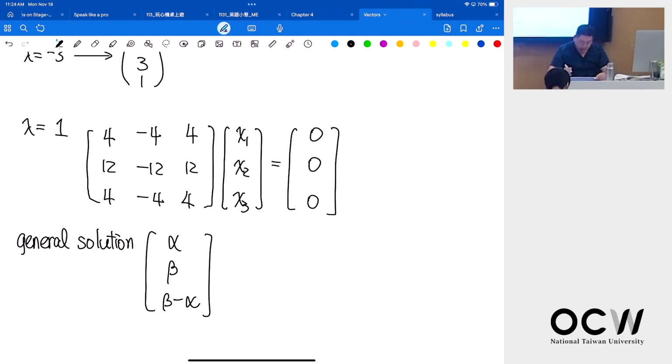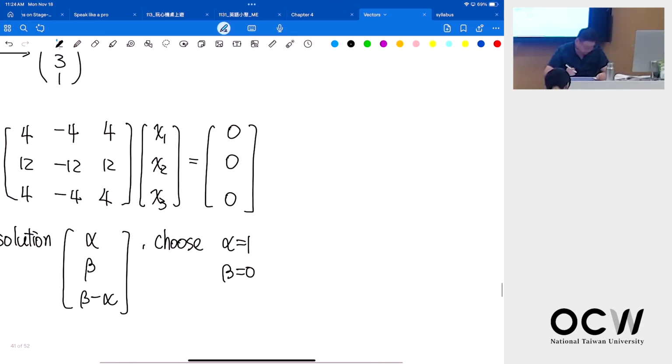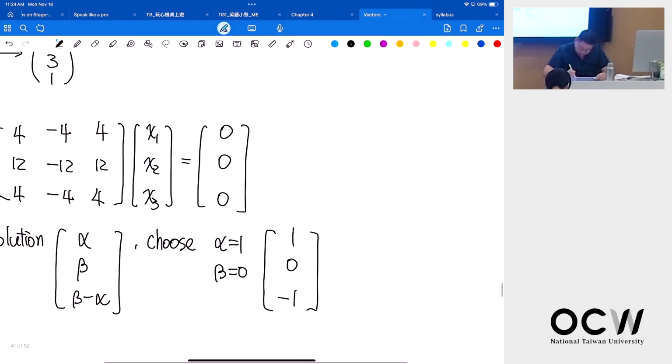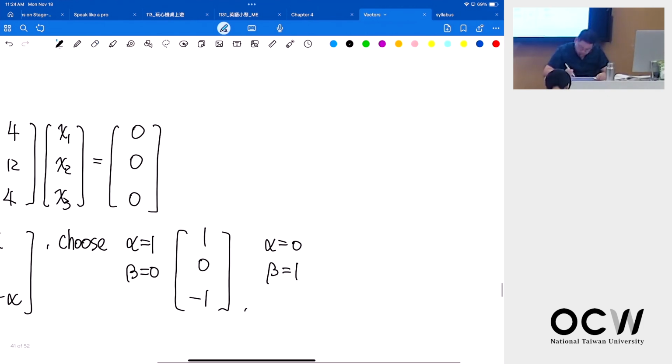Then we can choose, say, alpha equals 1, beta equals 0. In this case, we have 1, 0, minus 1. We can also choose alpha equals 0, beta equals 1. Then we have 0, 1, 1.